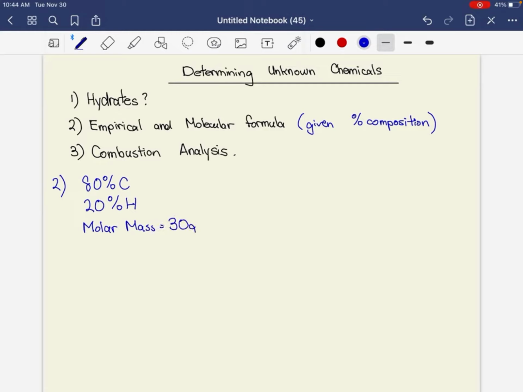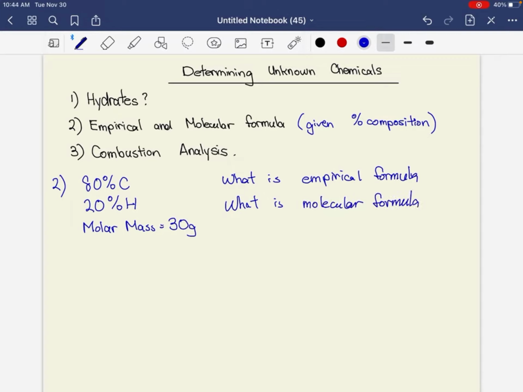Now, I don't really have to use percent. I can just use grams. But that's exactly what we're going to do. We're going to turn these percent, or we're going to assume these percentage as mass. Okay. So the molar mass here is 30 grams. That is something that a mass spectrometer will tell you.